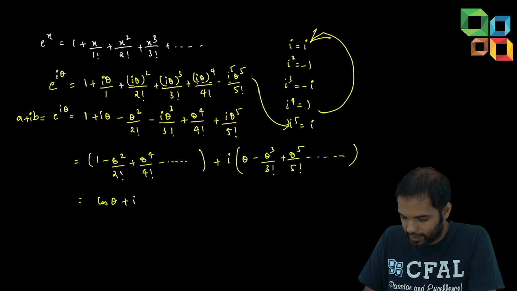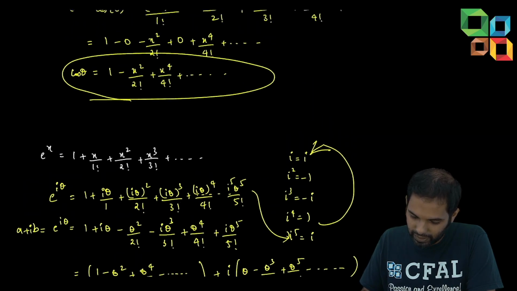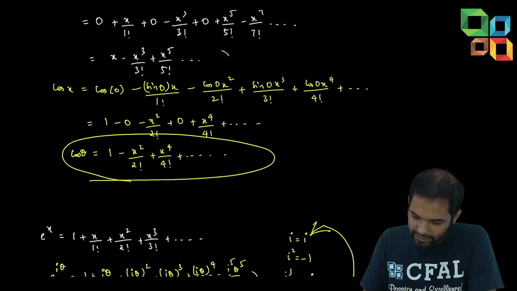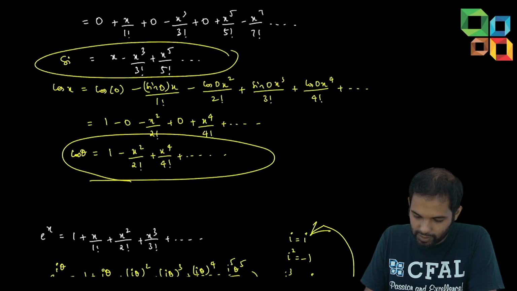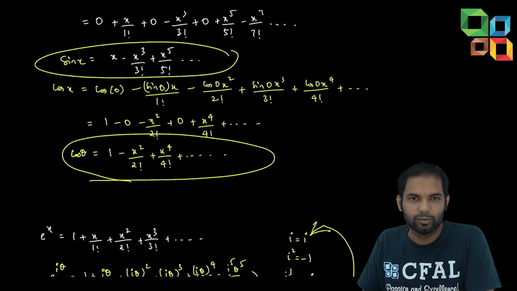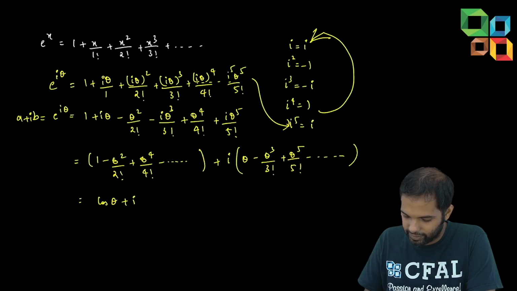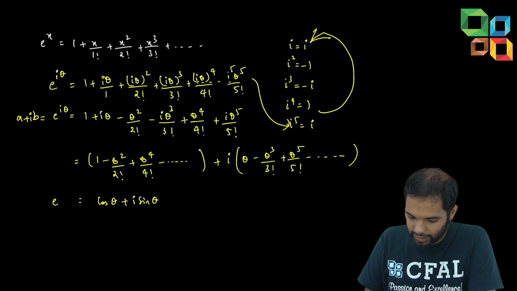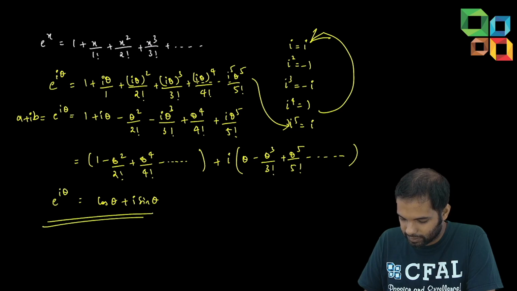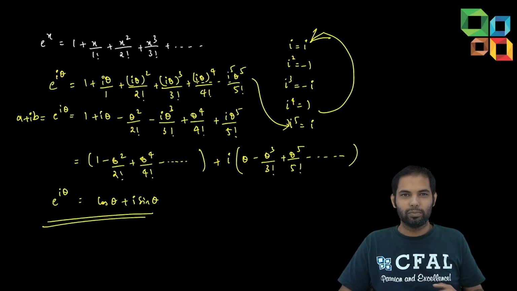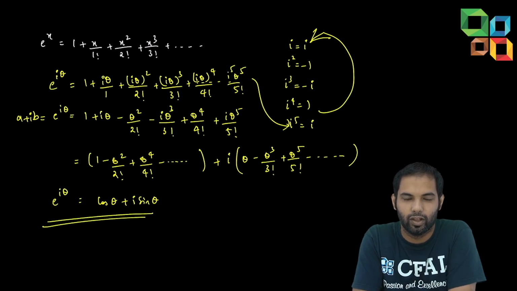Now this is plus i into, again, did we see this result somewhere? Can you see that it's nothing but sin x? So this is i into sin theta. Can you see that we proved e power i theta is nothing but cos theta plus i sin theta? This is nothing but your Euler's form, right?